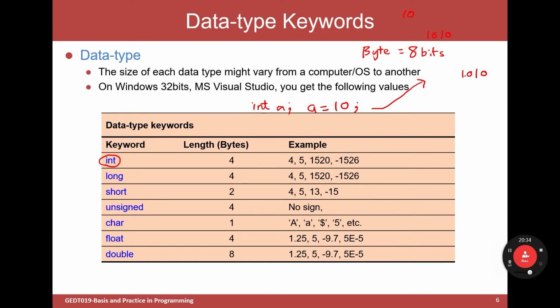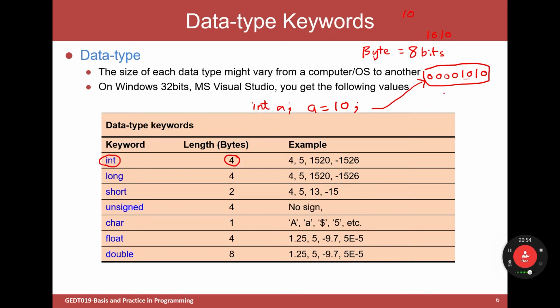And then what about the rest? It will be 0, 0, 0, 0. Those are 8 bits. But a variable takes how many bytes? 4 bytes. So I am taking here just 1 byte, okay? This one is just 1 byte.